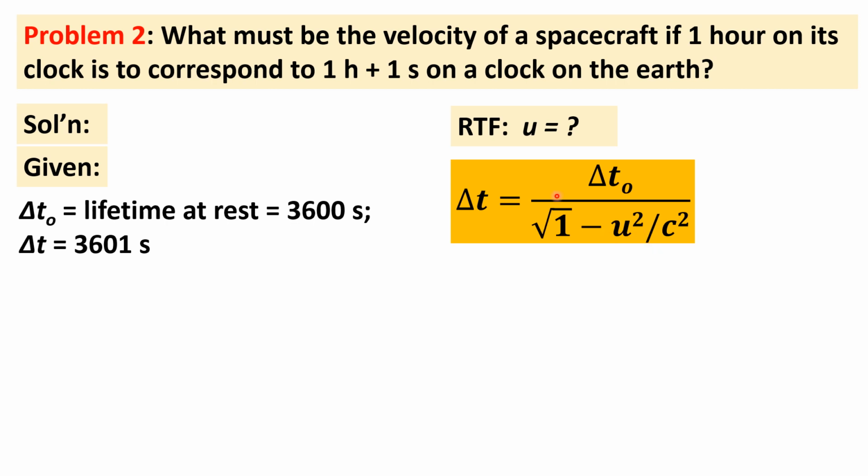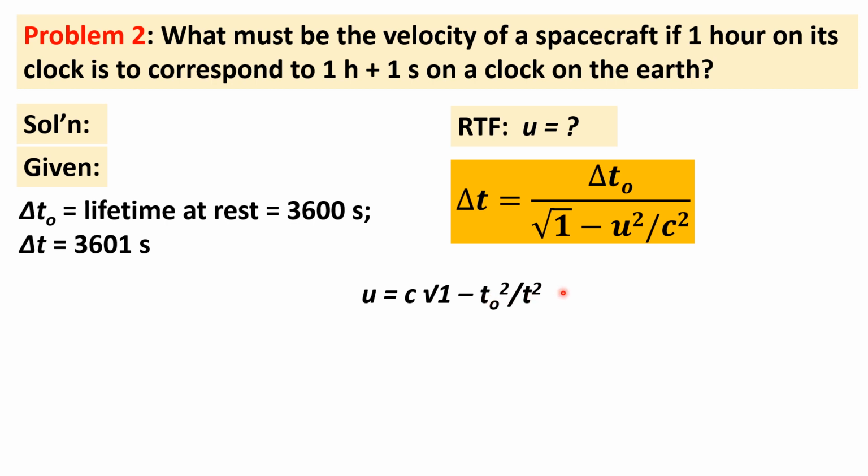If you transpose the quantity u, you will come up with the working equation: u is equal to the speed of light multiplied by the square root of 1 minus t naught squared divided by t squared.